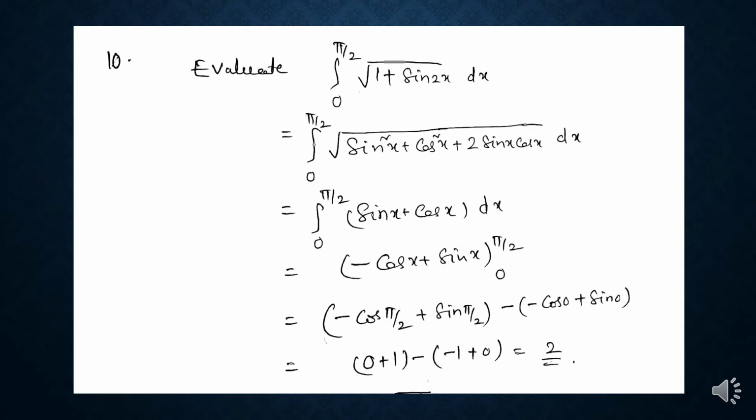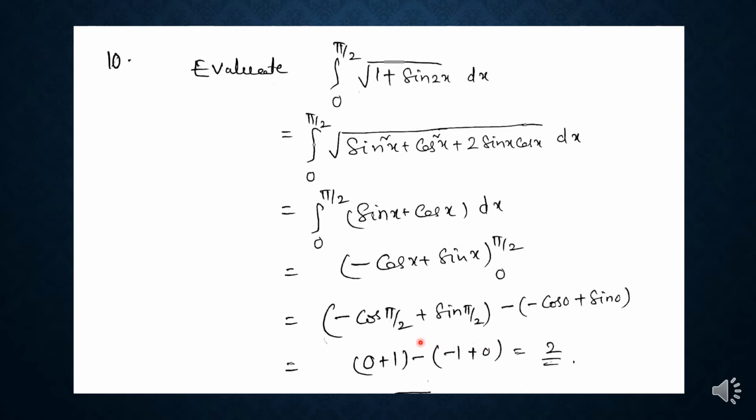Now put the upper limit, that is pi by 2. Put x is equal to pi by 2 in these two terms: minus cos pi by 2 plus sin pi by 2. These are the upper limit substitution. Minus, then put the lower limit in these two terms, that is x is equal to 0: minus cos 0 plus sin 0.